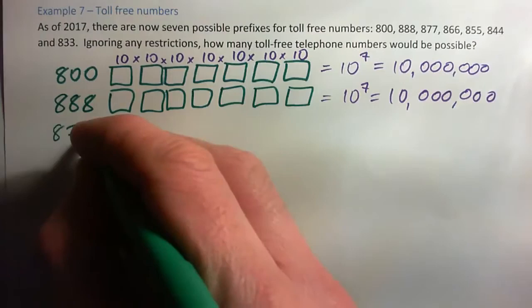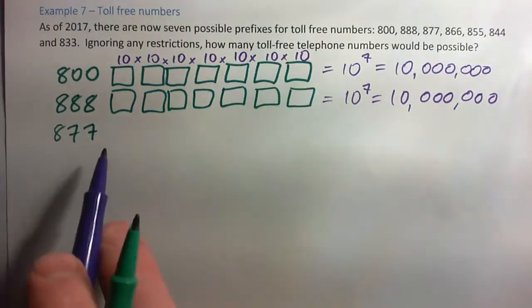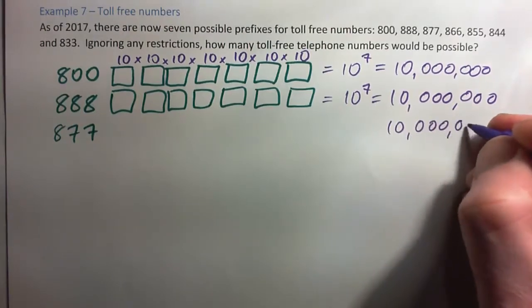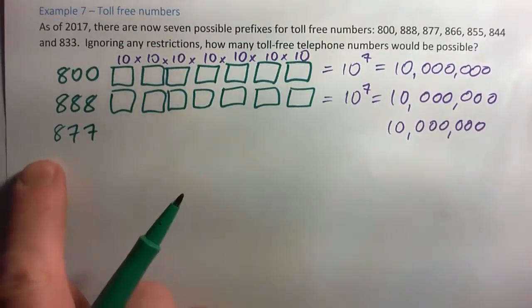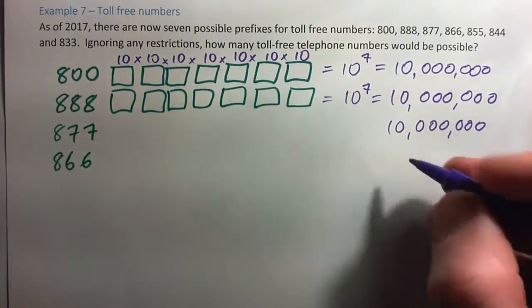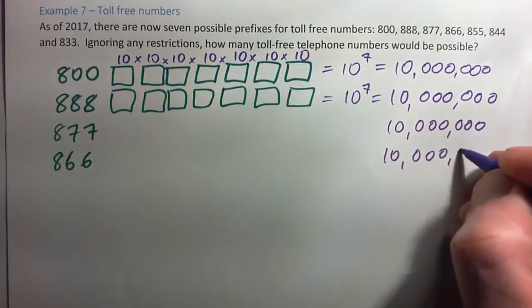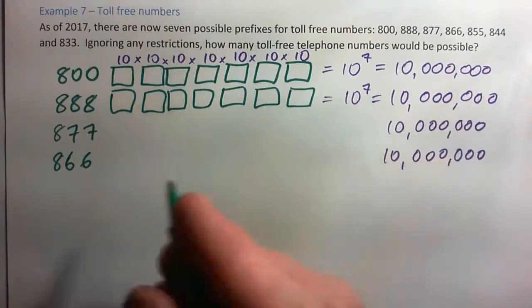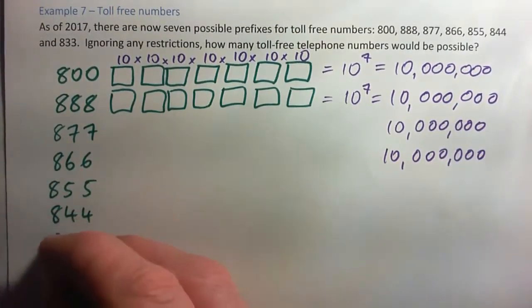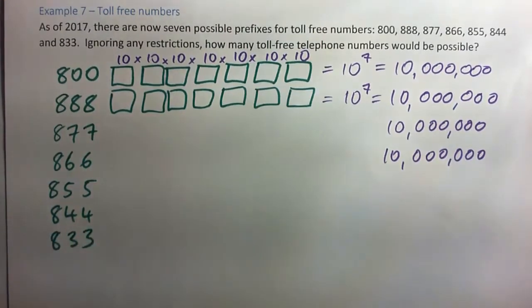How about 877? Exact same thing, 10 million options, right? How about 866? 10 million options again. Agreed? How about 855, 844, and 833?